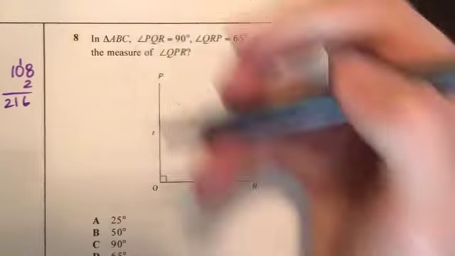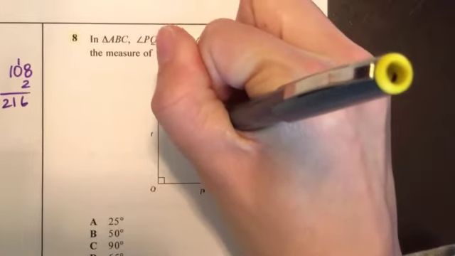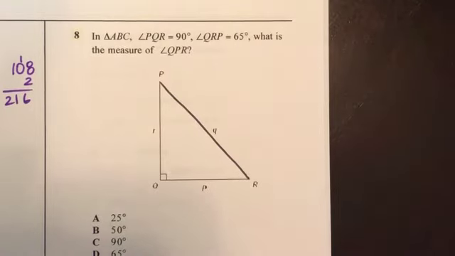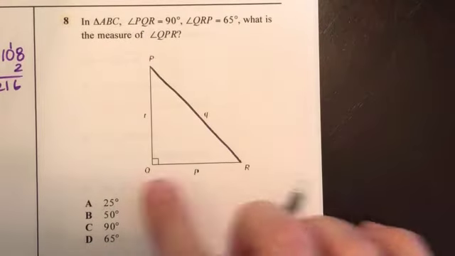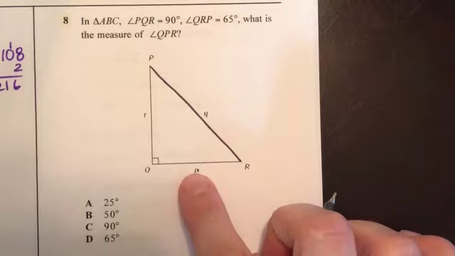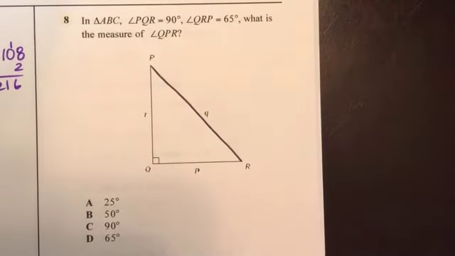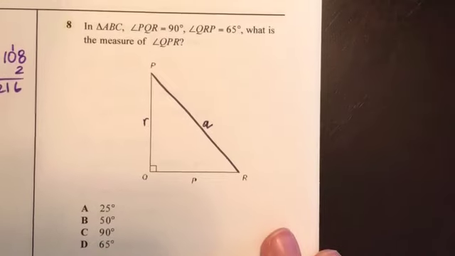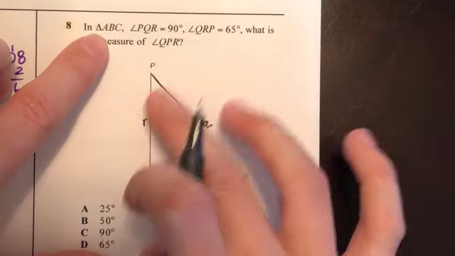Okay, number 8, let me make sure we can all read this really quick. I forgot to add in this one. It looks like this should be a P, a Q, an R, P, and a Q, and a lowercase r. Okay, so this is triangle, they probably meant to say PQR.